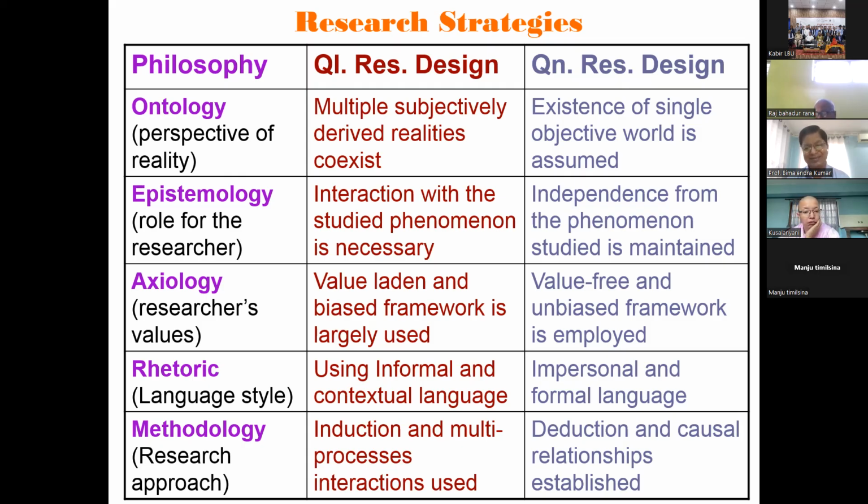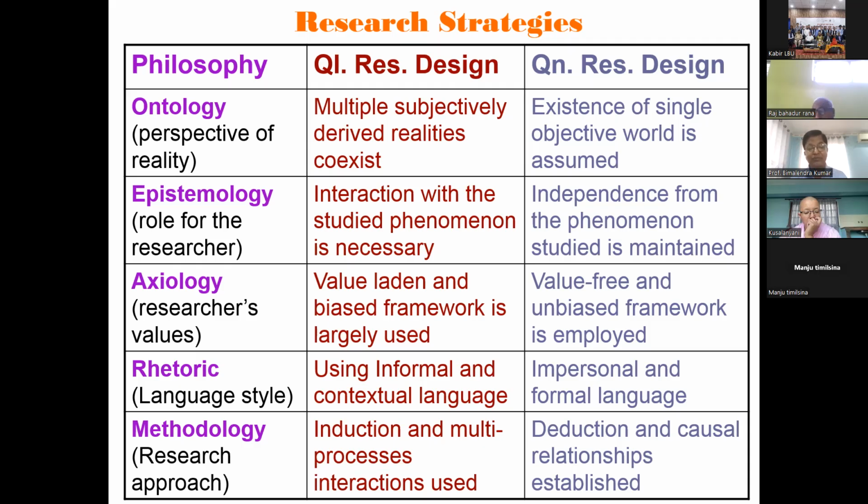When a researcher tries to know about the style of the language of the writing of a text, whether it is Pali, Sanskrit, Tibetan, or Chinese, then in qualitative research he uses informal and contextual language. In quantitative research, there is impersonal and formal language. So this is the difference between qualitative and quantitative research.